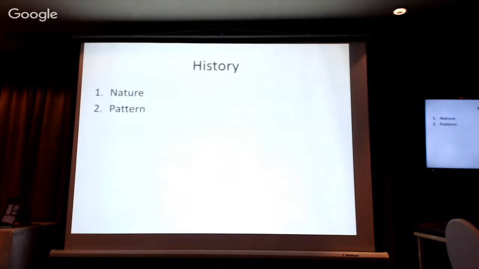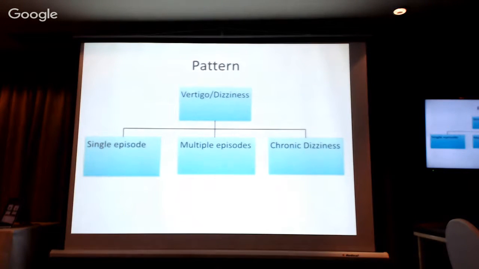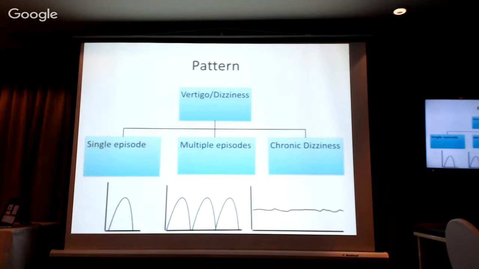Secondly, the pattern of the problem, meaning we have three clinically useful patterns in this context, and this forms the basis for our current approach to management of vertigo and dizziness. Patients can have one episode, they can have multiple episodes, and they can have chronic dizziness. Today we will be focusing only on single episode and multiple episodes for us to teach skills.